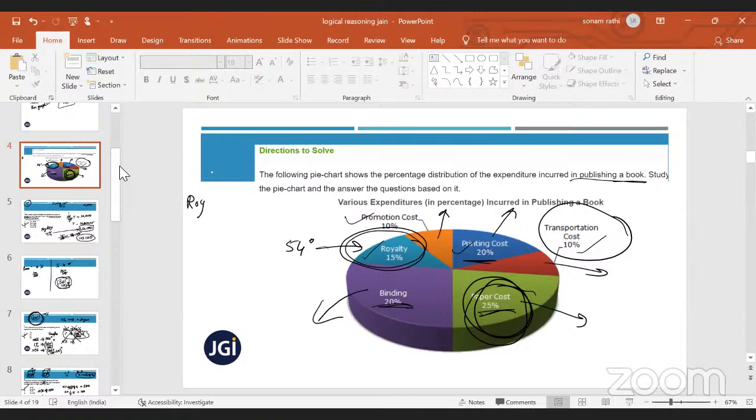So royalty is 54 degrees. Then printing, how many degrees? Then paper, what degree? Promotion, what degree? Then binding. Find degree of everything.